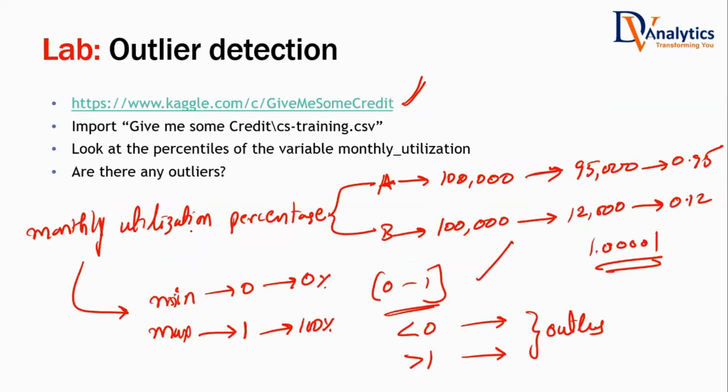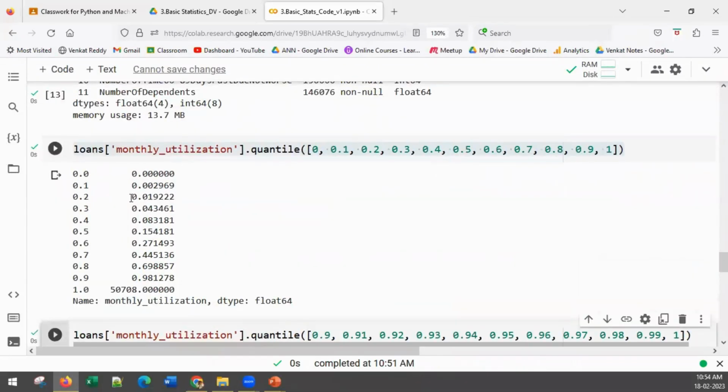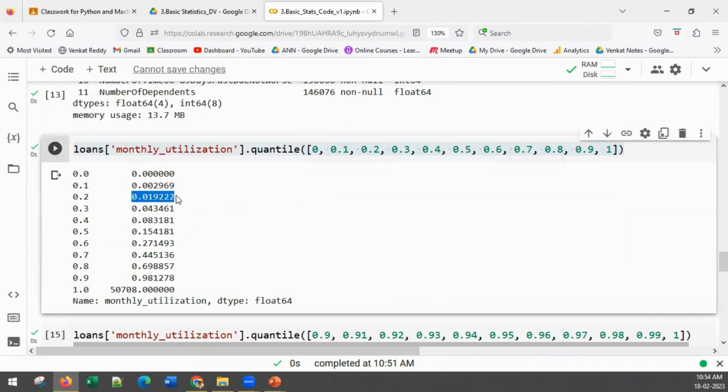You have to understand the data first. Any business problem will start with understanding the business problem, so since I have explained it, you must know this. Initially I thought it was 50,780 rupees. That's right. But if you see the values, you will get the idea, isn't it? If you see the value, this will not be monthly utilization, isn't it?